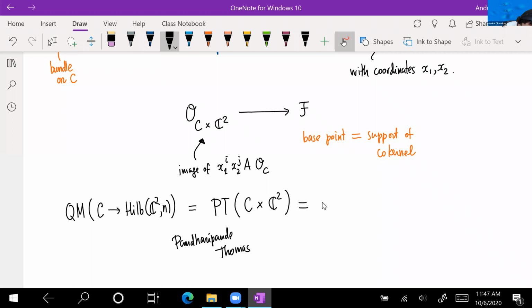In general, this Pandharipande-Thomas space of pairs is a map from O of the threefold to some sheaf F of pure dimension 1, and the cokernel is zero-dimensional.